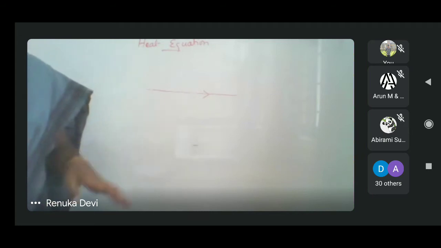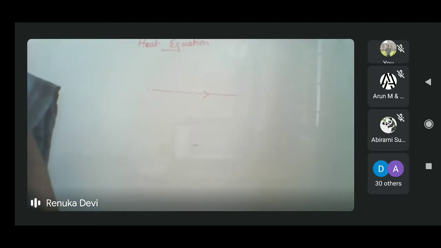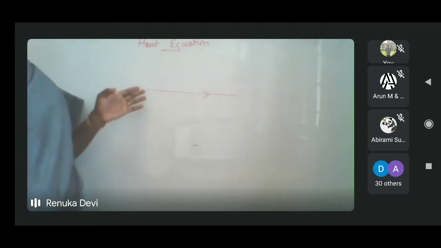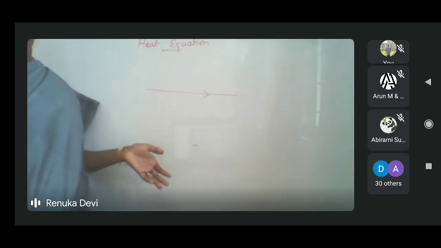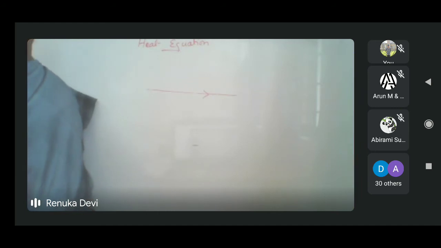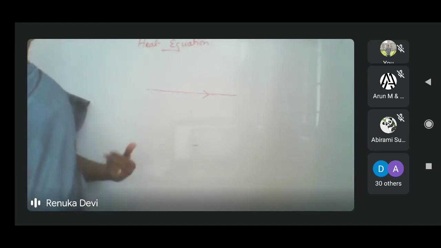Here we are not deriving the heat equation. You are given the heat equation, and you have to solve it by means of the Fourier transform. The derivation of the heat equation itself is a very big thing, and the solving is another big problem.